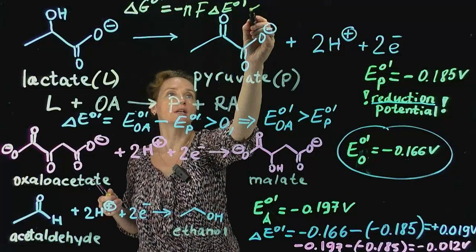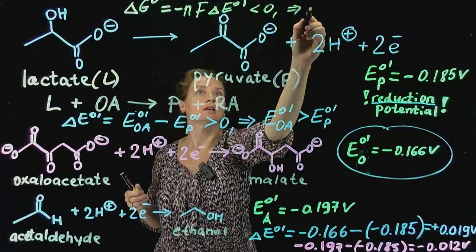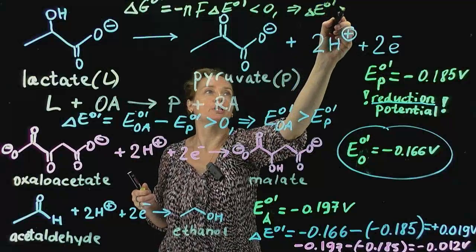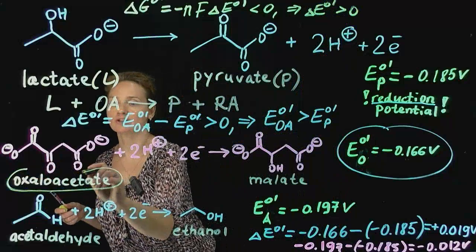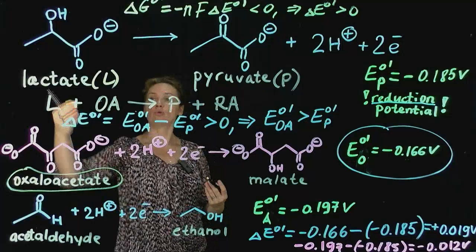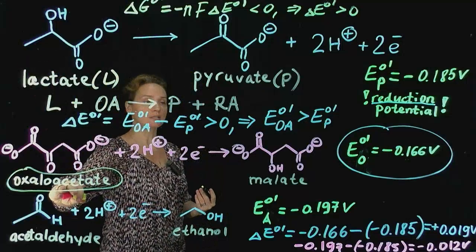So if delta G is to be negative, the difference in reduction potential must be positive. So our choice for the oxidizing agent that would be able to oxidize lactate into pyruvate would be oxaloacetate.